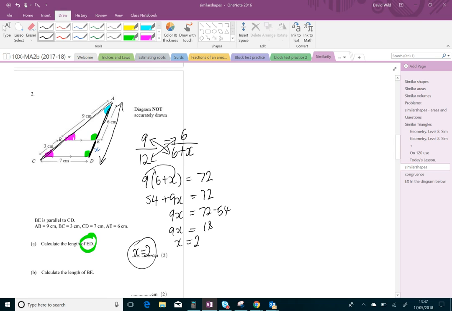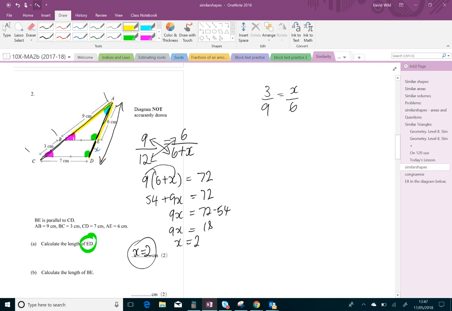Now, in this case, because the triangles are one inside the other one, what we could have done is to set the ratio of that to that, so 3 to 9, is the same as the ratio x to 6.